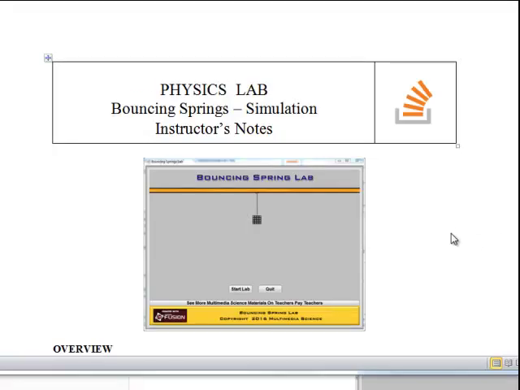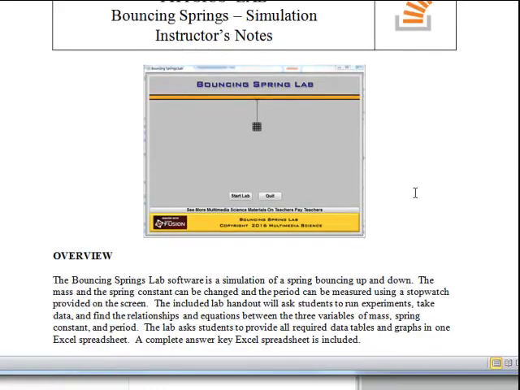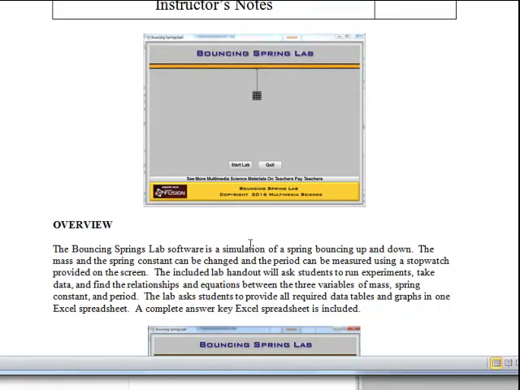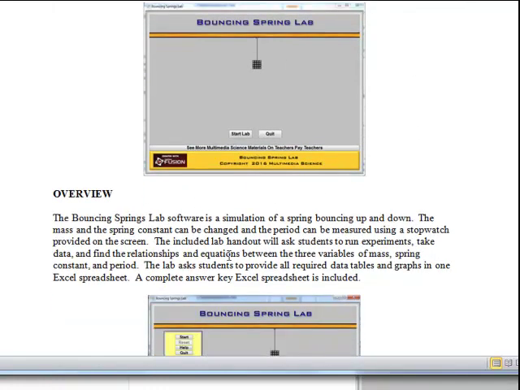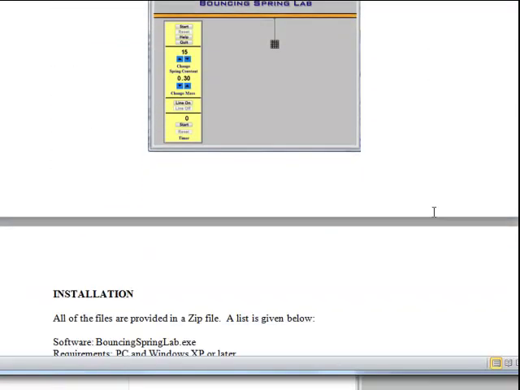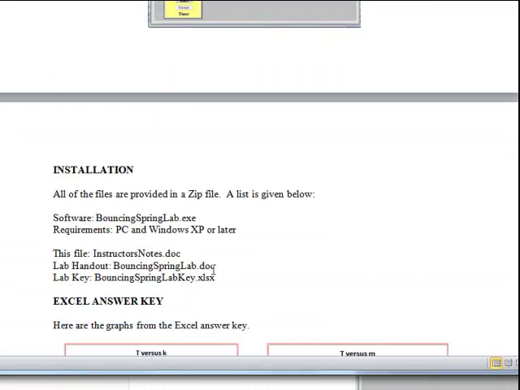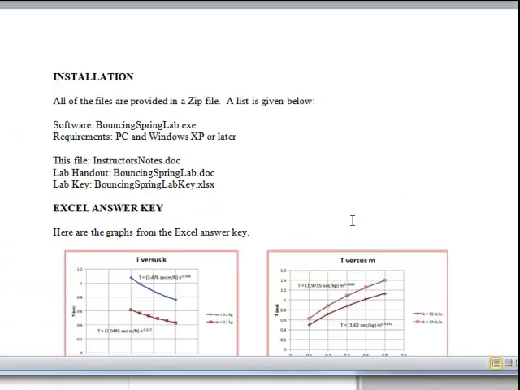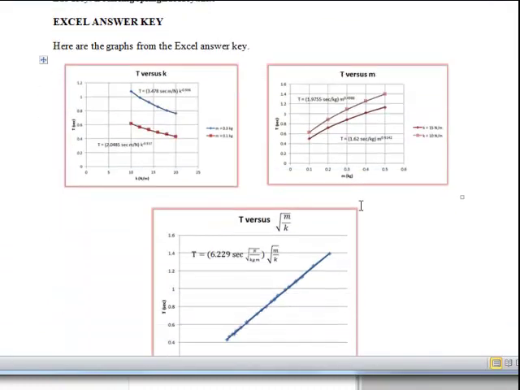There is a set of instructor's notes that come along with the experiment in Word format. You can see that this is just a little overview describing the experiment, some screenshots, exactly how you open up and run the lab, and then a quick look and overview.